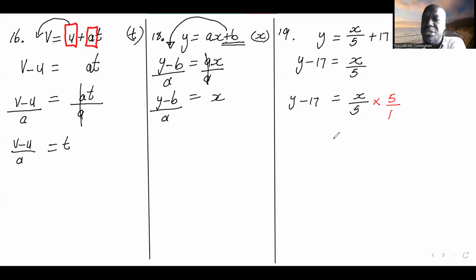The denominator tells me what, but this, people, is y minus 17. And you have to multiply this whole thing by 5. So this is how you write it. Brackets means multiply, and you're going to put your 5 on the outside. Is that okay? Anybody lost?